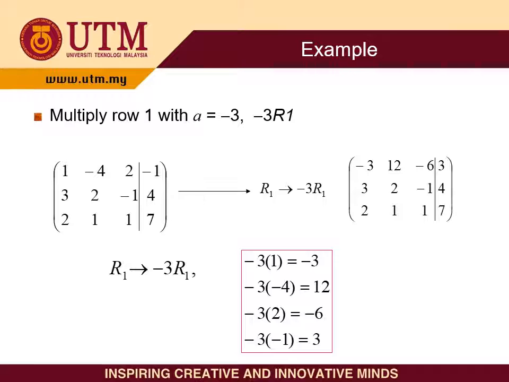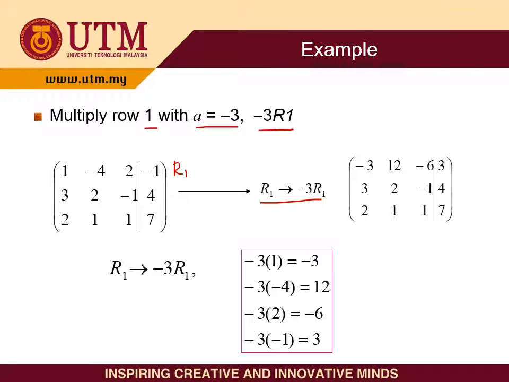This example shows a multiplication of row 1 with A equal to -3. So -3 R1. This is A R1, so A is -3. As you can see, this is our R1, and this statement shows that R1 will become -3 R1.